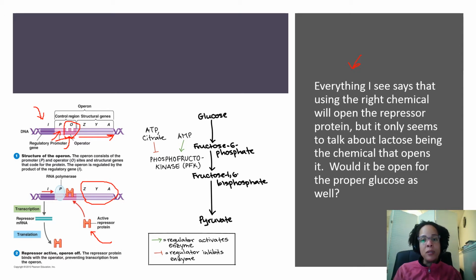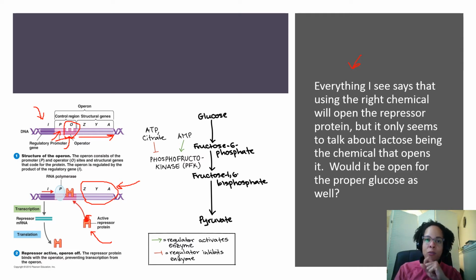For the lactose metabolism operon, you need lactose to come into the cell. That lactose has to find the repressor, it has to bind to the repressor, and then that lactose changes the shape of the repressor so it can't bind the operator site, and we get transcription of these genes and the cell breaks down lactose.